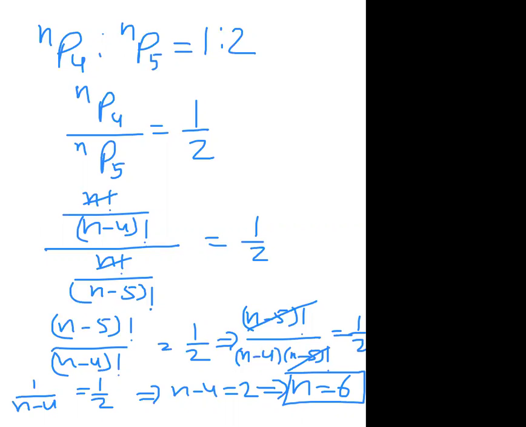Now, questions based on this I'm giving you as homework. Must see this. The two questions I'm giving you on this: nP4 ratio (n minus 1)P3 equals 9 ratio 1.